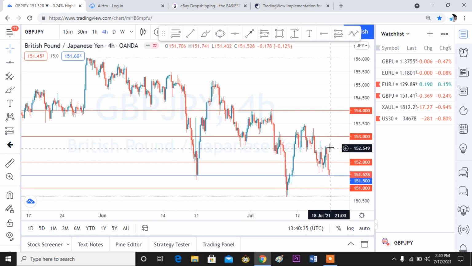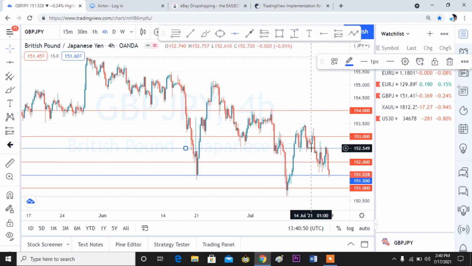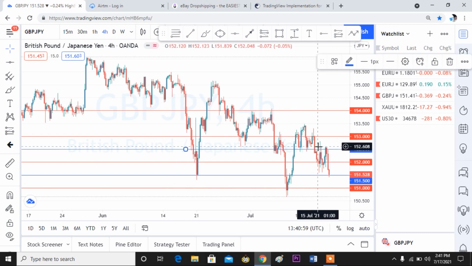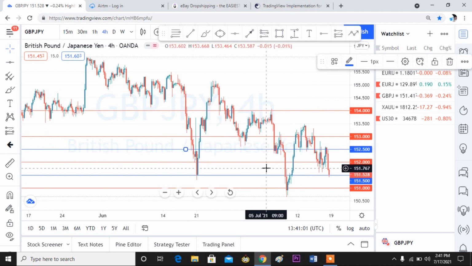So the sub psychological level between this here and this here, since we have 152.000 and 153, is going to be 152.500. So the main and the sub psychological levels all act as resistance and support levels.